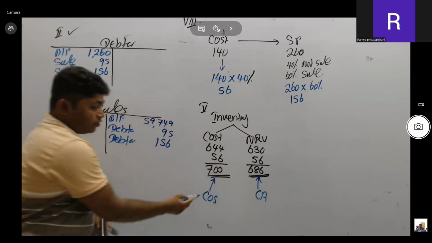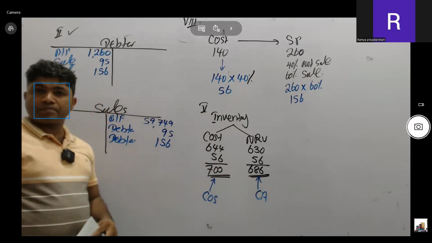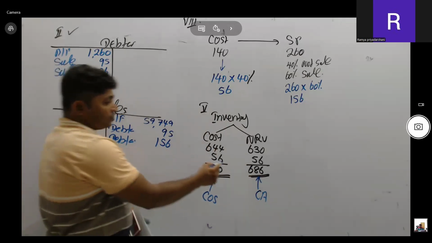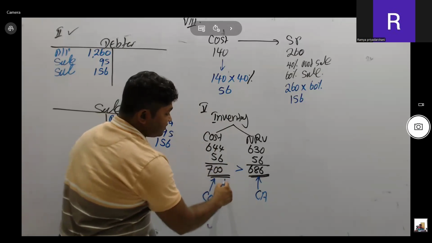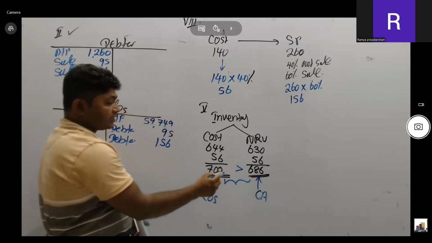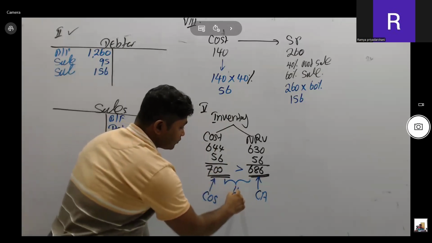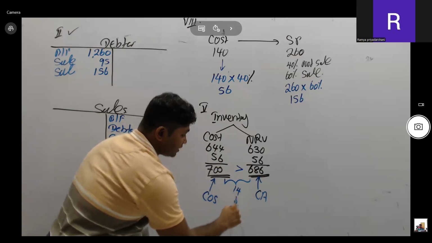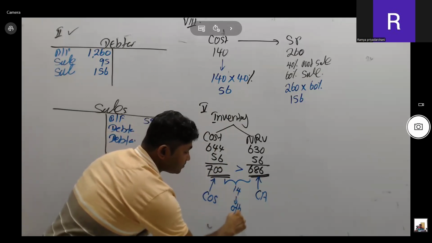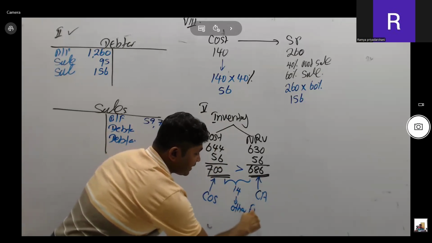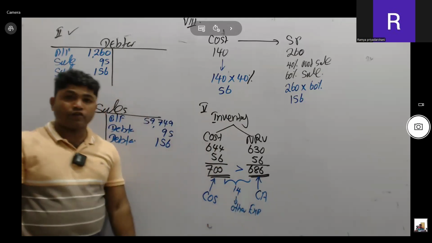And NRV is lower than the cost value, therefore the difference value is recorded as other expense, as stock written off. This value should be recorded under other expense.